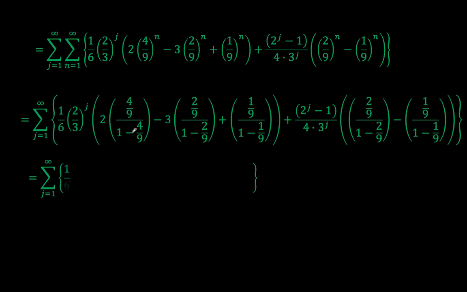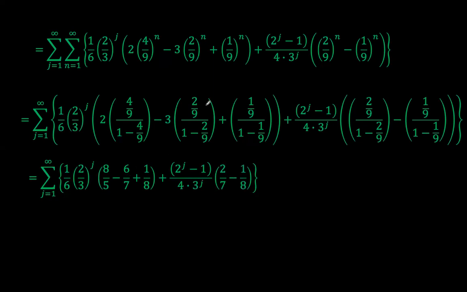So for this arithmetic progression, we have 6 times (2/3)^j times 2, and since this 9 and 9 cancel, we have 8 over 5 here minus 6 over 7 from here, plus 1 over 8, plus (2j minus 1)/(4 times 3^j) times 2 over 7 minus a.